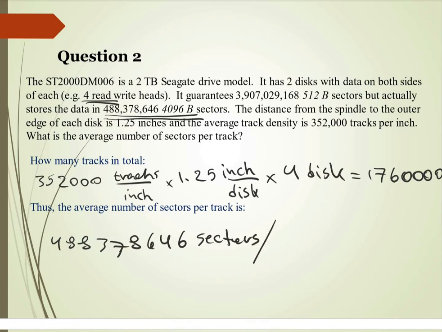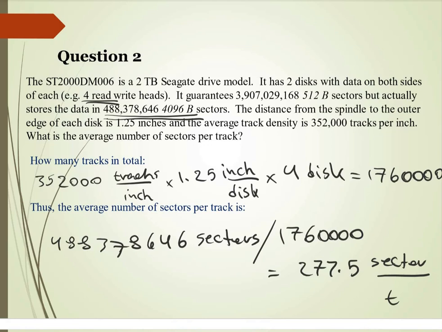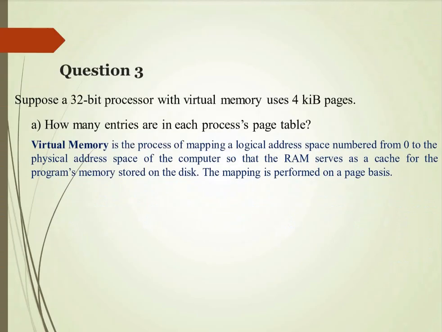Divided by 1,760,000, which is the total number of tracks. So here we have 277.5 sectors per track. So this is the average number of sectors per track for this device model. Okay, so let's go to the next question.